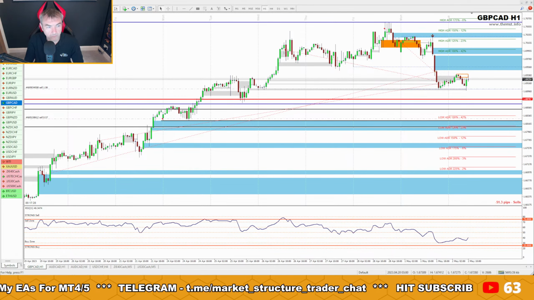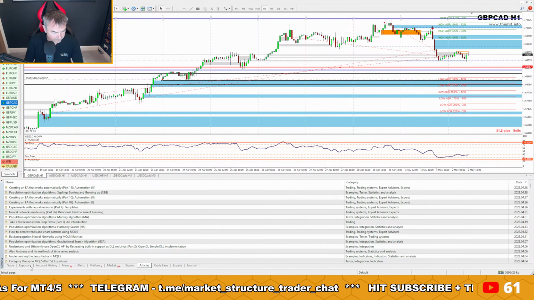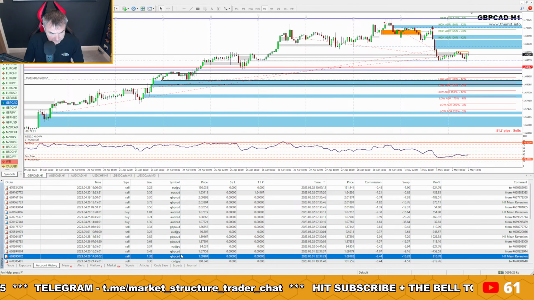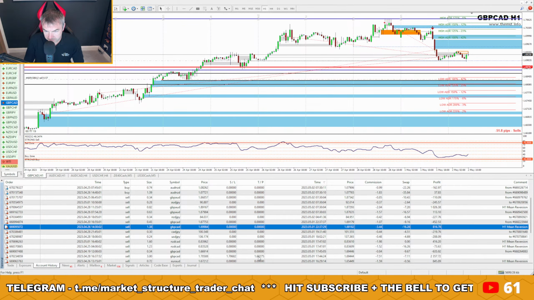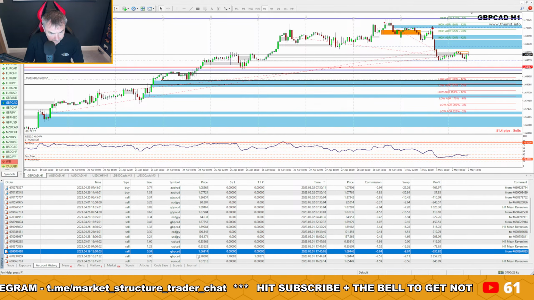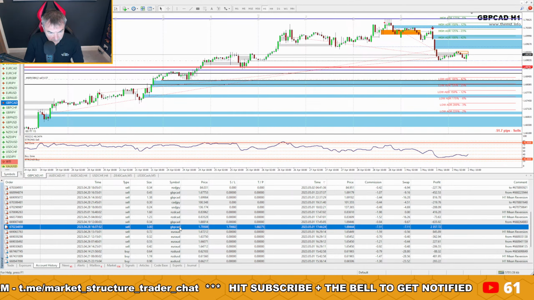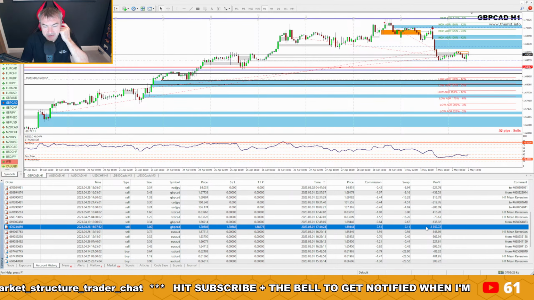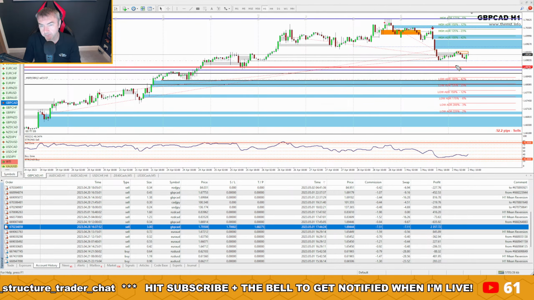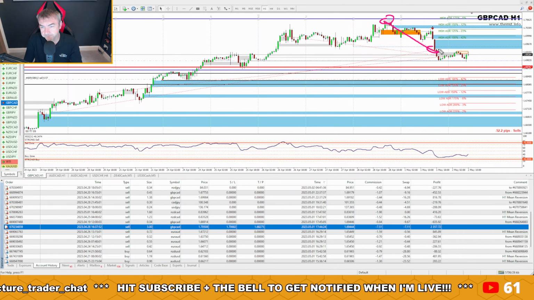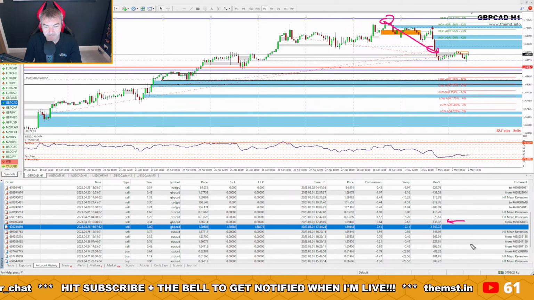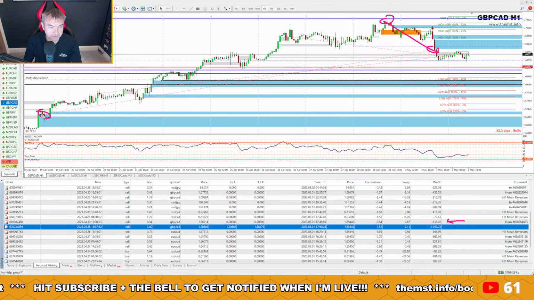So if you look at the P&L on it, there's your pound CAD. So I made just over $2,000 on that aggressive drawdown control position, which is that one there. And then I used $600 of that to close out this position completely.